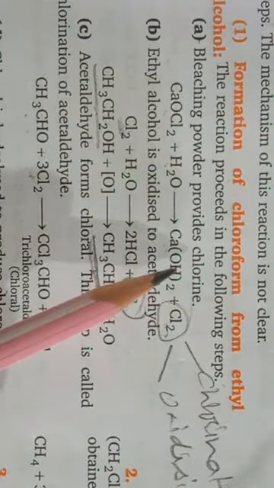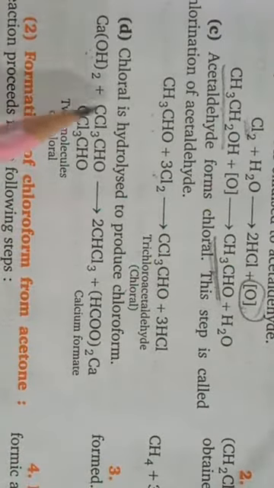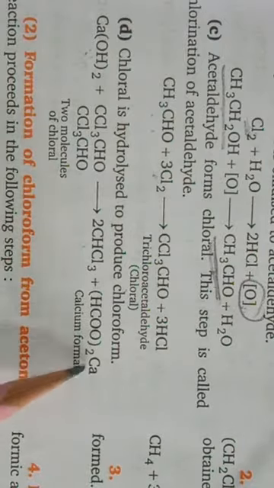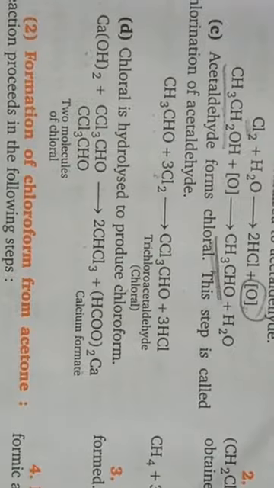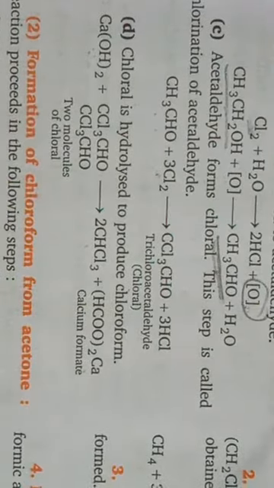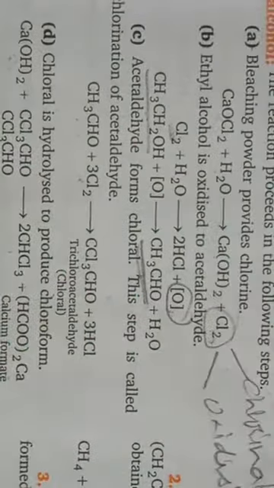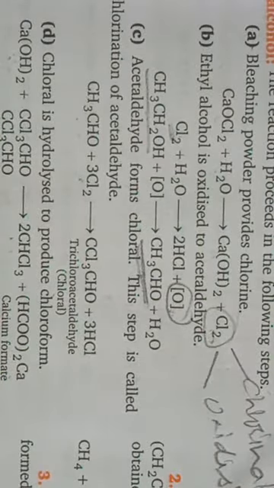This calcium hydroxide in step D reacts with chloral, forming chloroform and calcium formate as a byproduct. Okay children, so this is the overall conversion of ethanol to chloroform with bleaching powder.